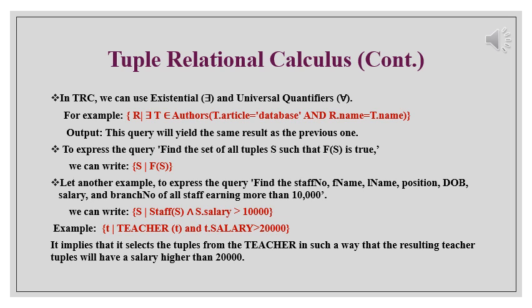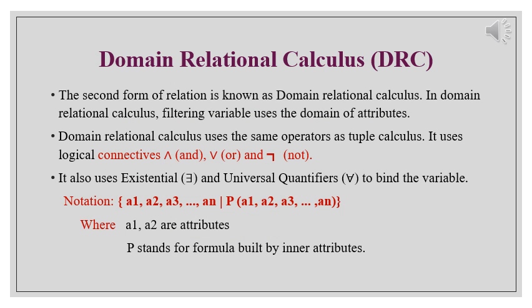It implies that it selects a tuple from the teacher relation in such a way that the resulting teacher tuples will have salary higher than 20,000. This is another example.